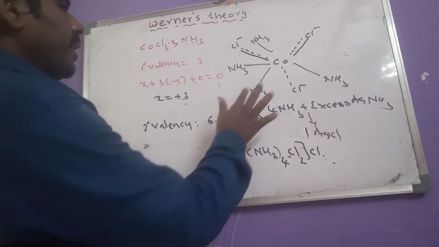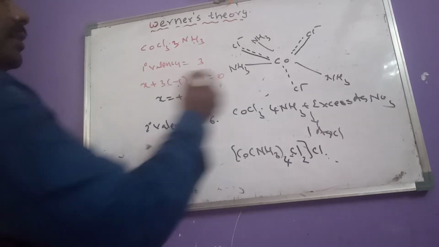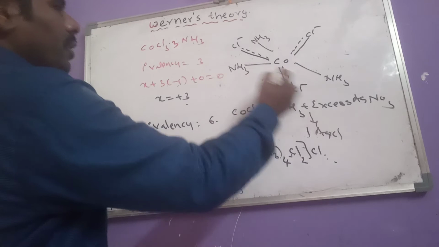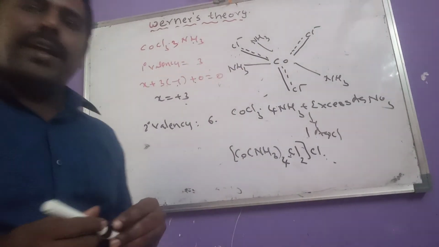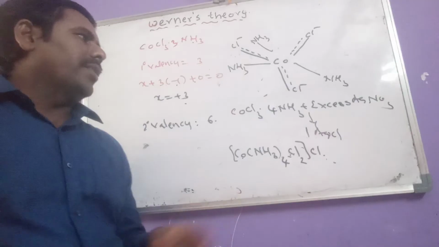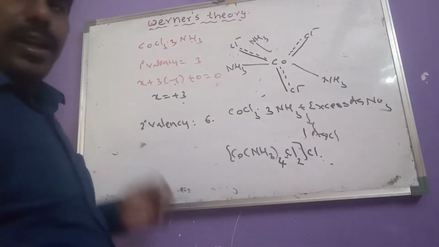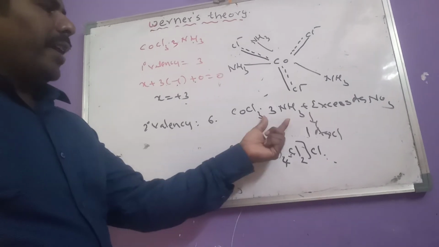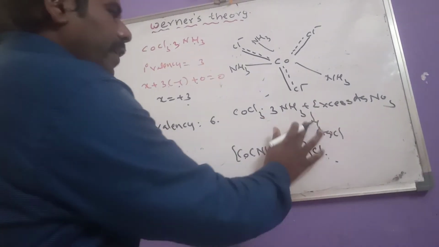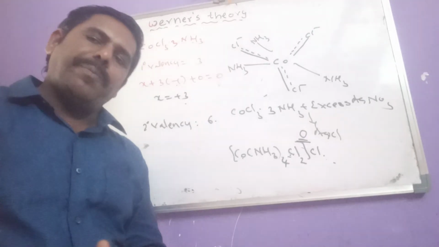So that means here again we have to remove another ammonia. Now this time this chloride also participates in the secondary valency. That means all the three chloride ions are now satisfying both primary and secondary valencies. Now, when this is treated with excess of AgNO3, we get 0 AgCl precipitates.